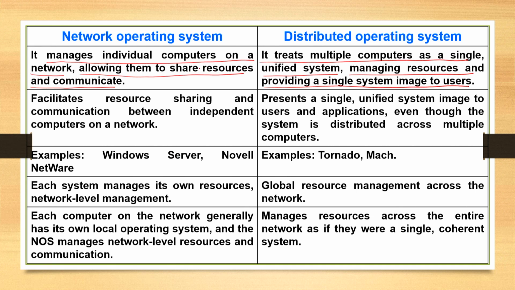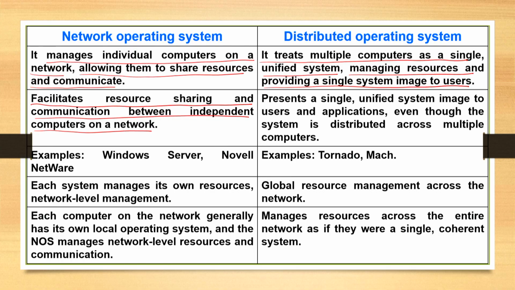It means in the case of network operating system, you have an idea how many computer systems are connected to each other through the network. Whereas in the case of distributed operating system, you don't know which computer has performed your job. You have submitted a job and that gets executed, or you have requested resources that have been provided to you, but you don't know from which computer, because the whole system acts as a single system.